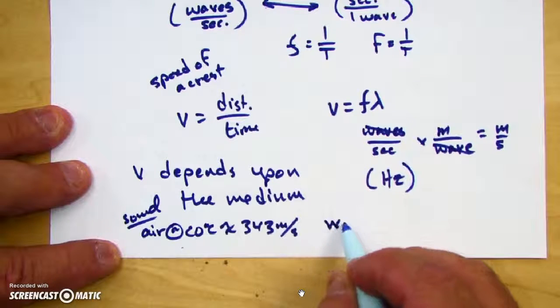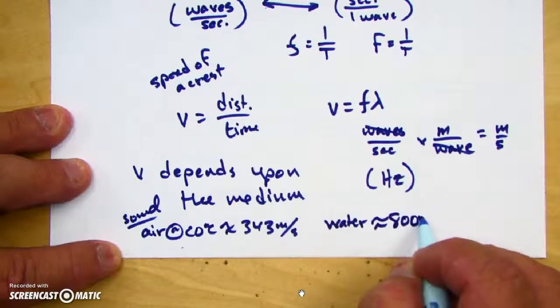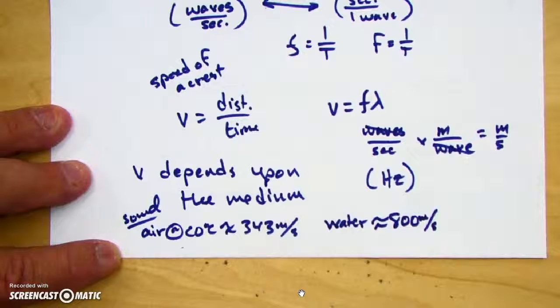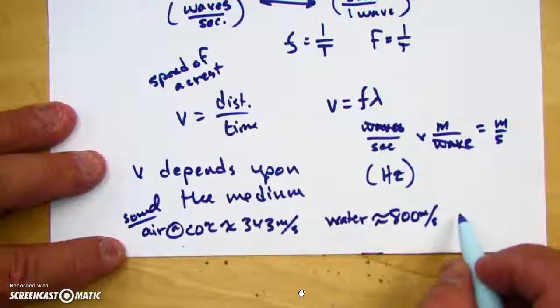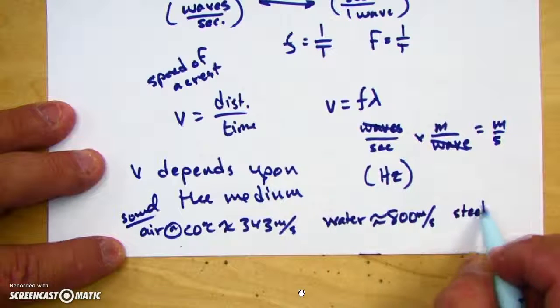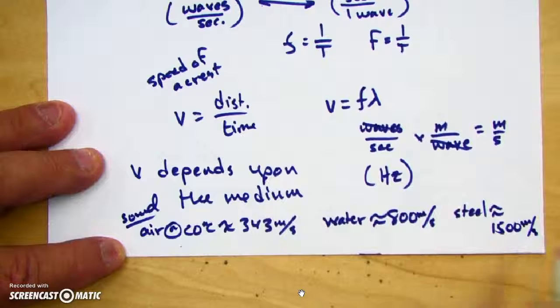But if I go underwater, it's now moving at about 800 meters per second. I mean, think about dolphins and whales communicating. They can do it over really, really long distances because the wave travels faster and actually better. If I go to something like steel, we're somewhere in the neighborhood of 1,500 meters per second.